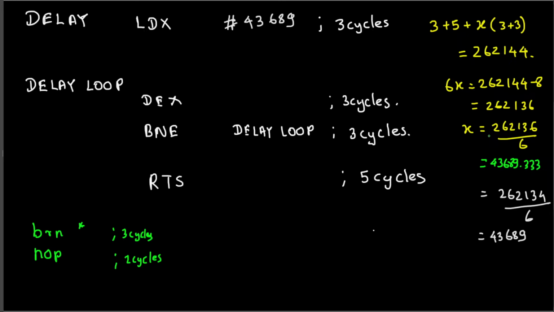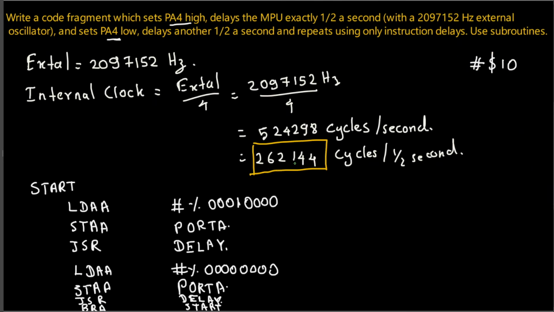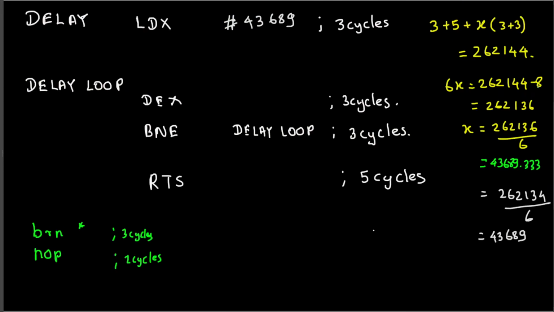So let's calculate again. Let's see how many we are going to miss if we take 2 out of it. This is the number we want to achieve, 262,144, and we just reduced the 8, so that became 36, and we just took 2 out of it.